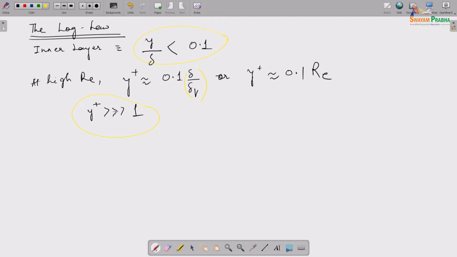So essentially y is much larger than delta v, but y is much less than the boundary layer thickness.